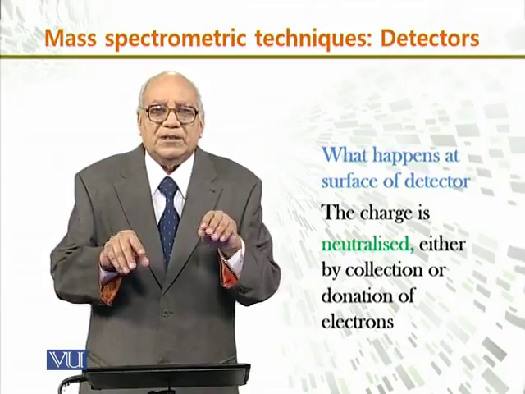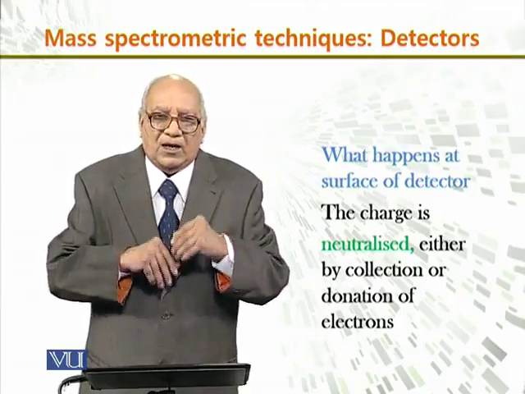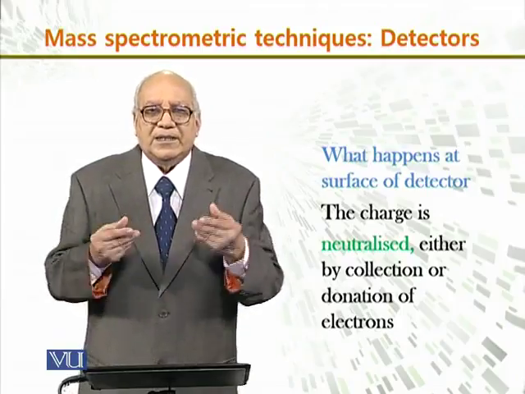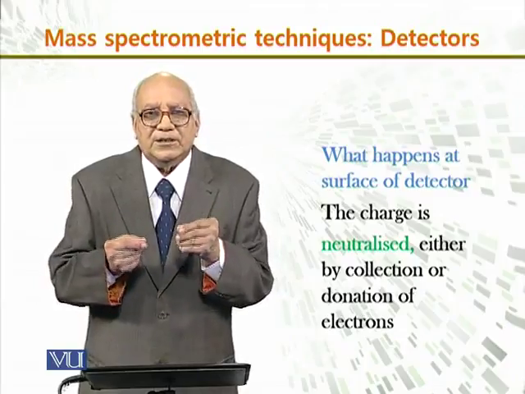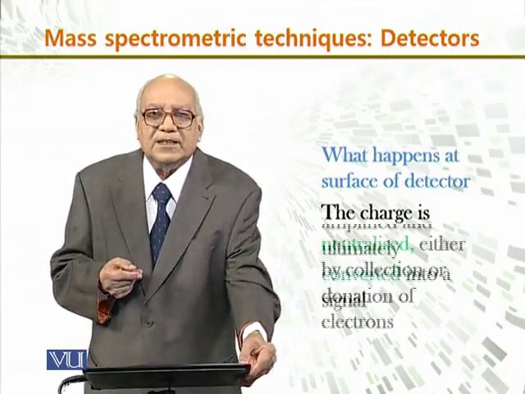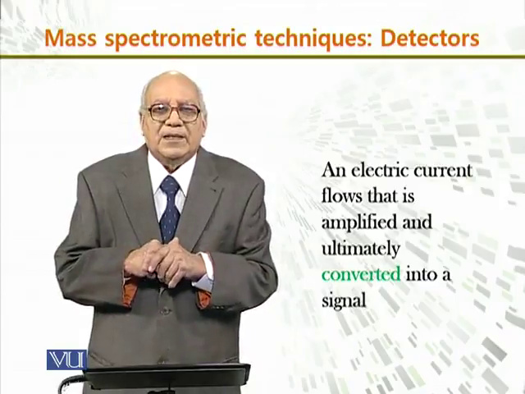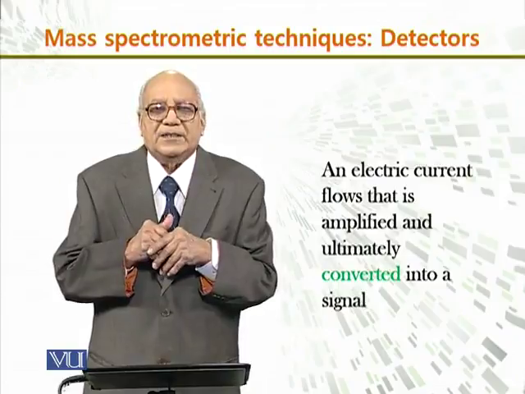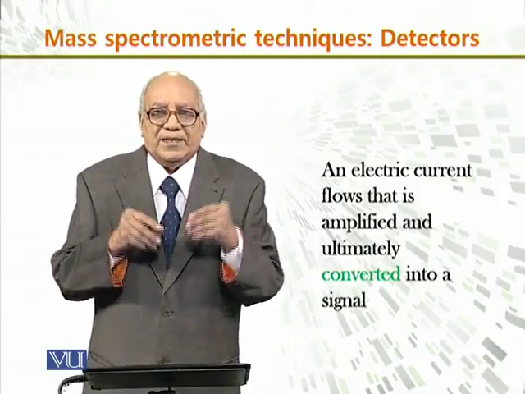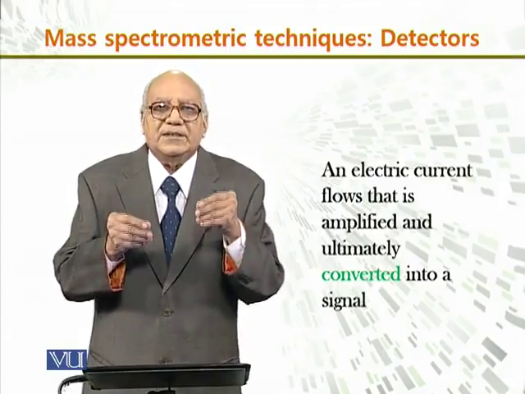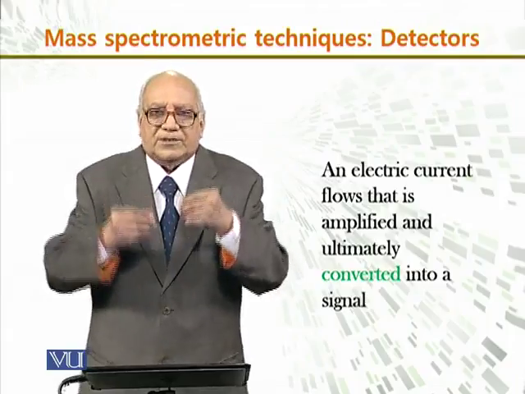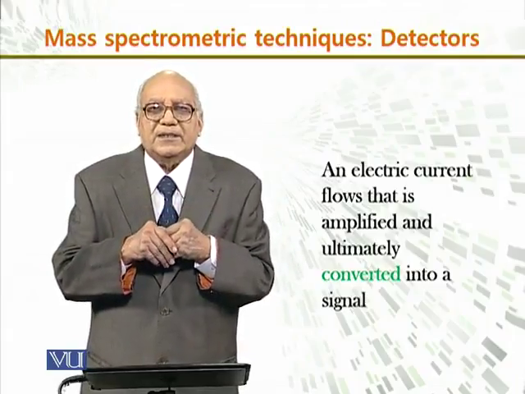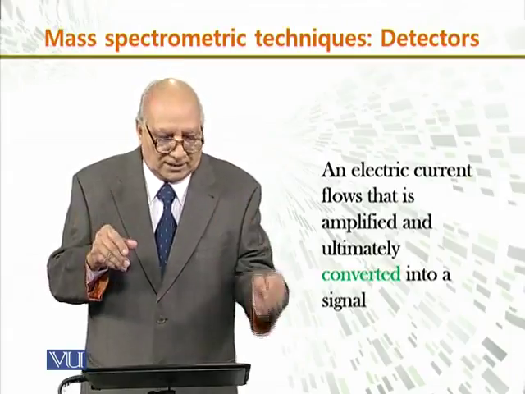Whatever the case may be, the charge is neutralized. An electric current, therefore, flows, and then that electric current is amplified. It is increased and ultimately converted into a signal.